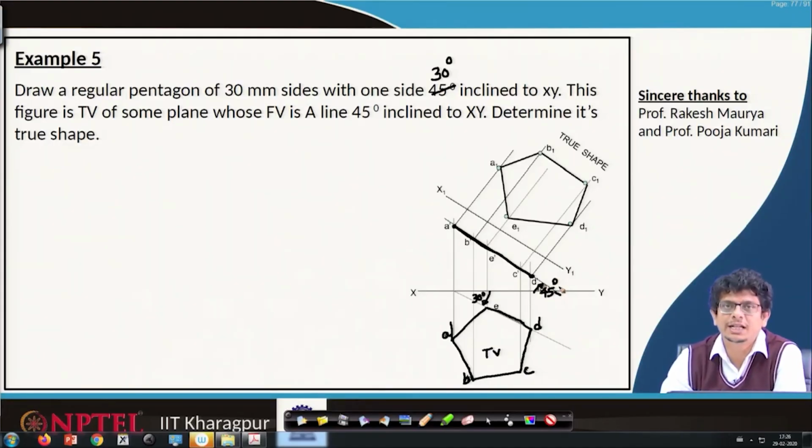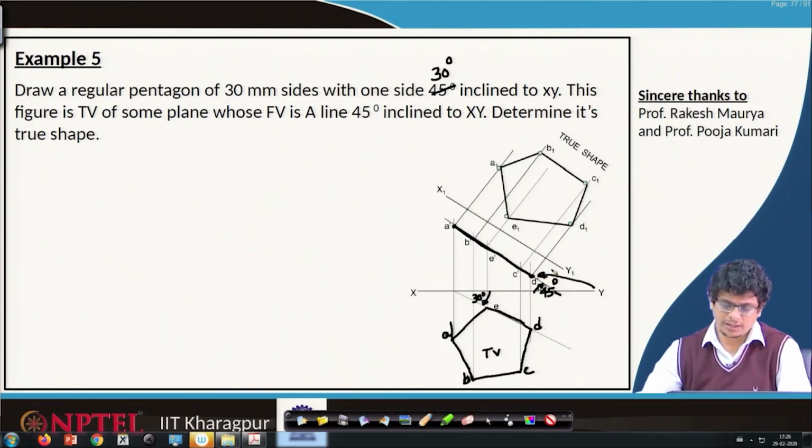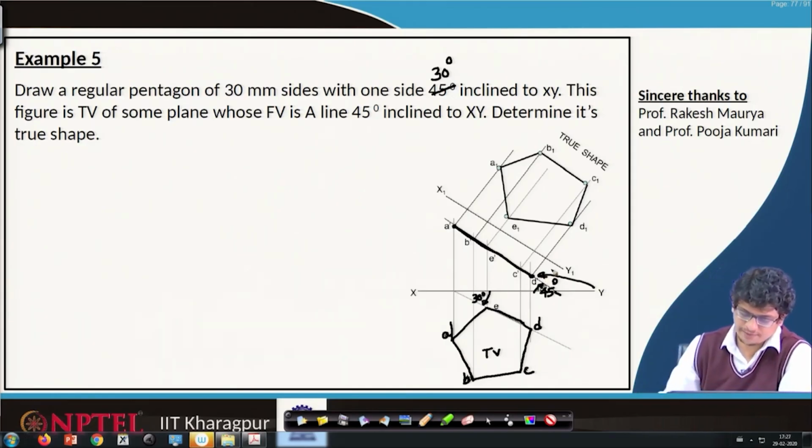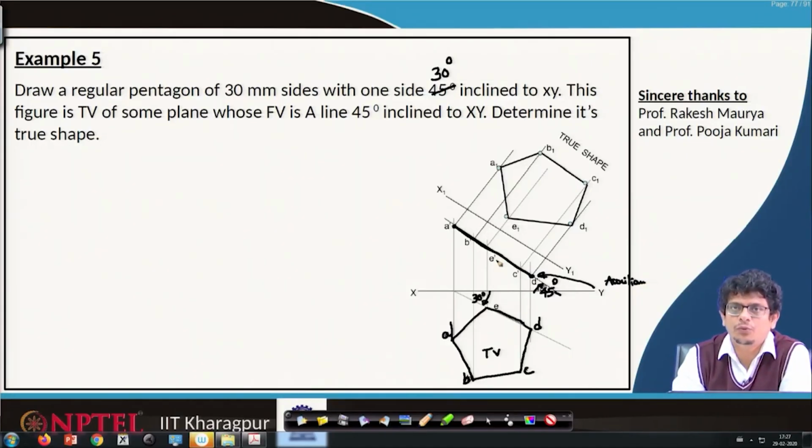So, based on our steps, we can sense that this line we have to pick for constructing any auxiliary planes and views, because that is the true line that we can get.